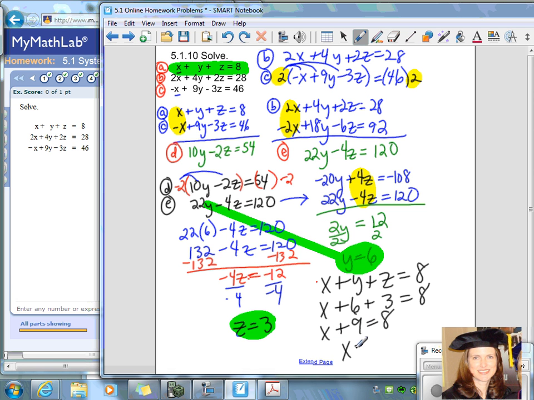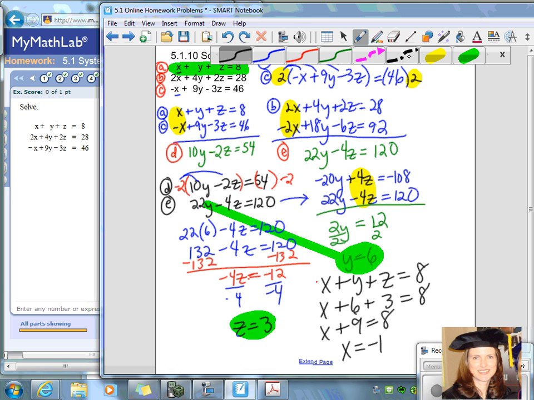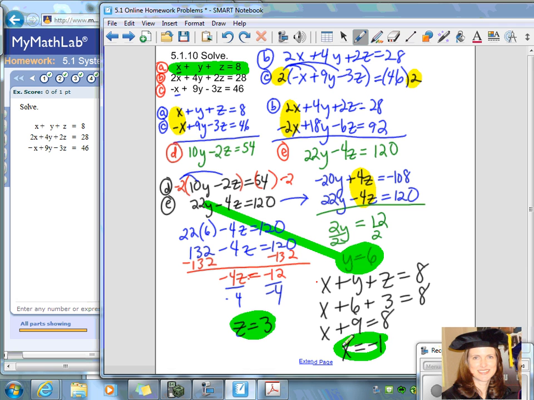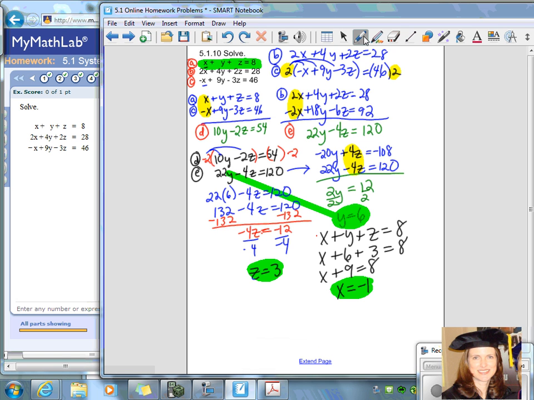Subtract 9 from both sides to get x equals -1. So now I have my 3 solutions for x, y, and z. Putting them all in order, in the form x comma y comma z, the solution is -1 comma 6 comma 3.